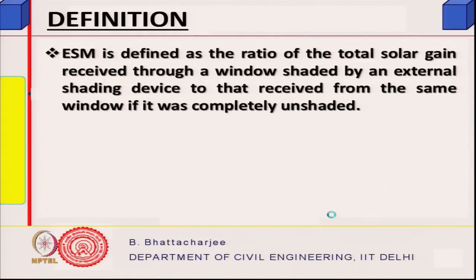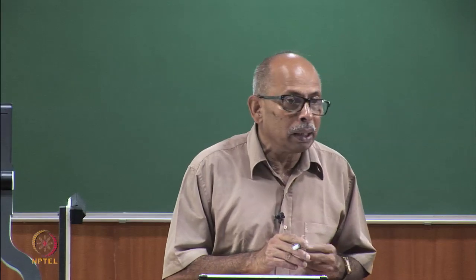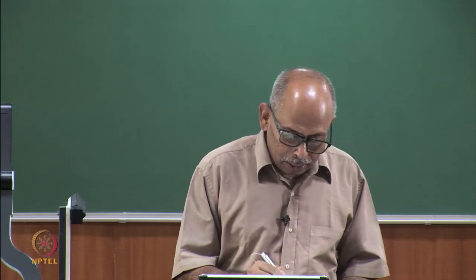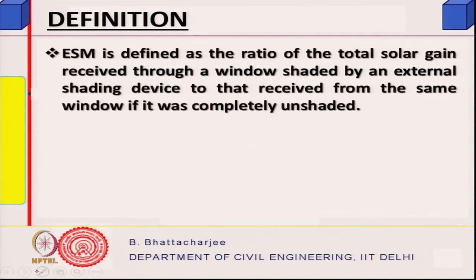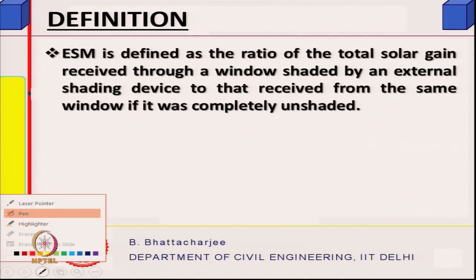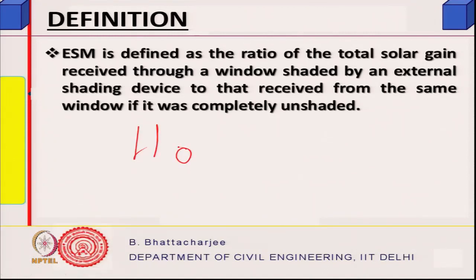External shading multiplier is defined as a ratio of total solar gain received through a window shaded by an external shading device to that received from the same window if it was completely unshaded. Now, you must be remembering I talked about HO, right. We used something like HO, then we used HE, etc. What was HO?